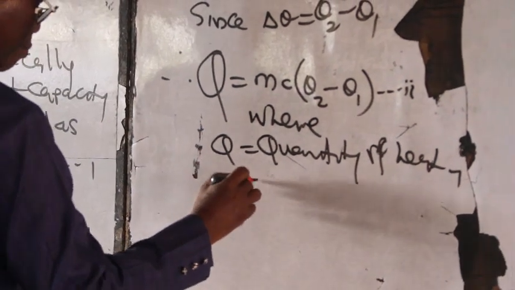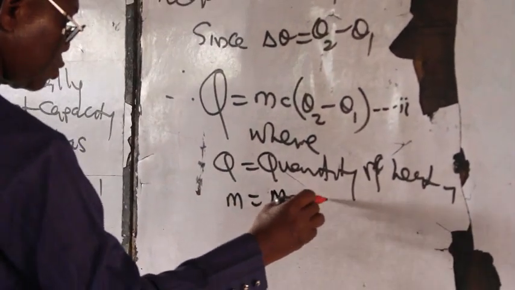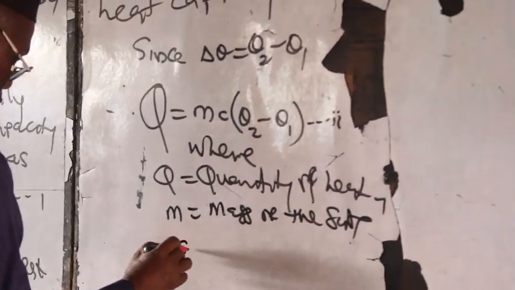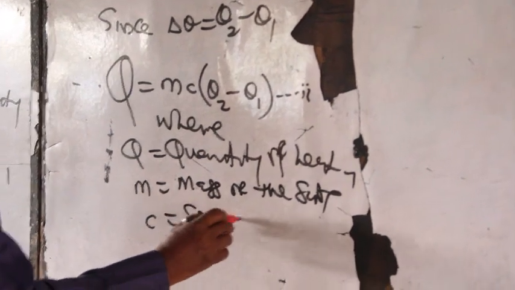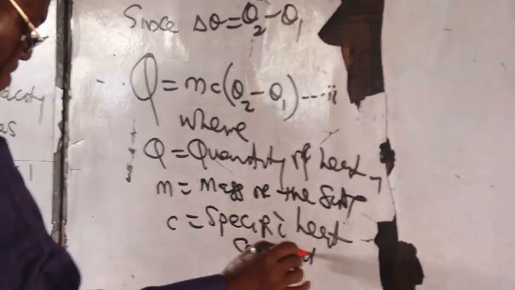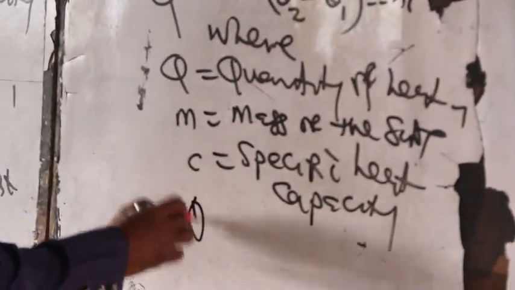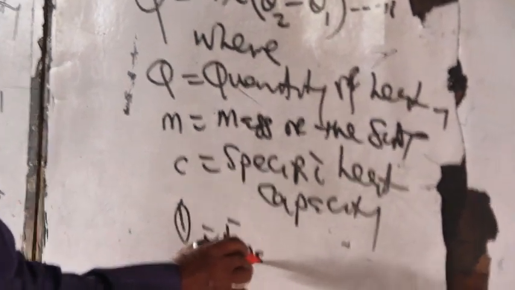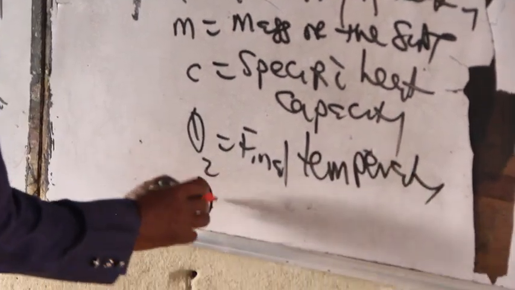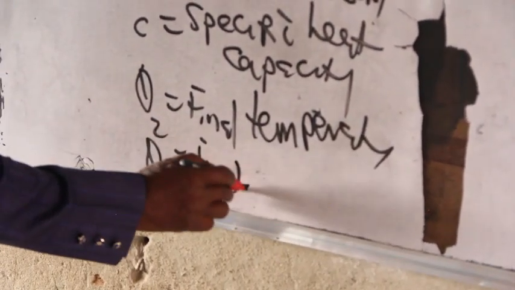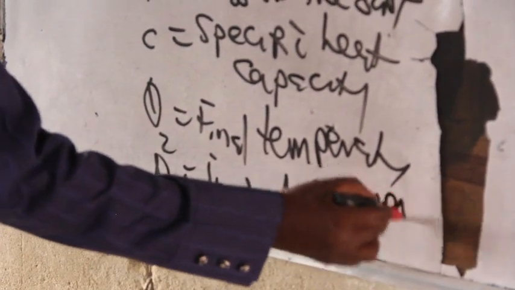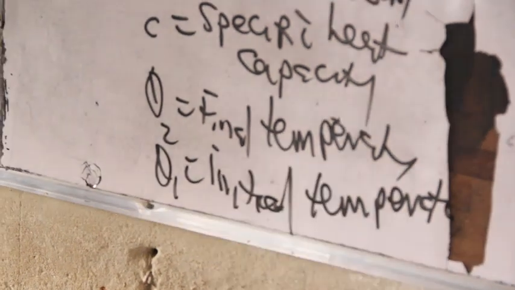Then m equals mass of the substance. c is specific heat capacity. Theta 2 stands for final temperature. Theta 1 stands for initial temperature.